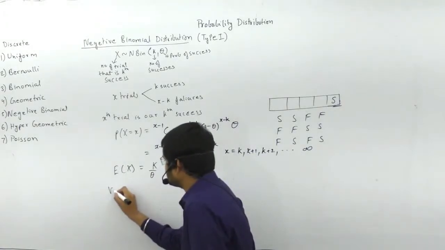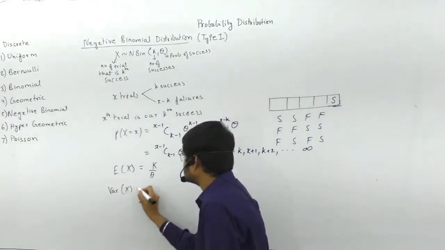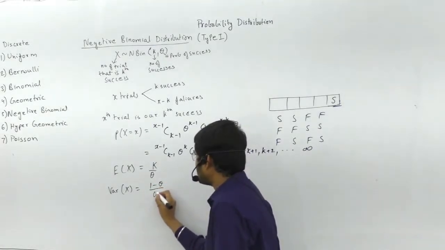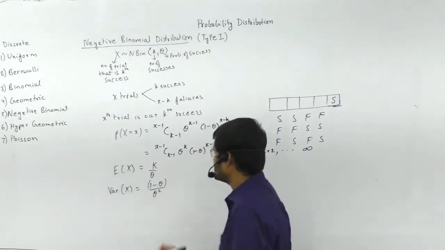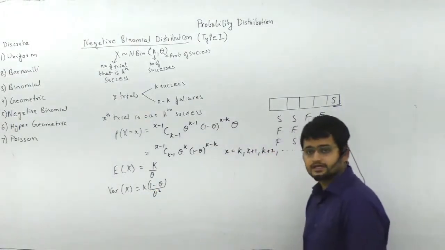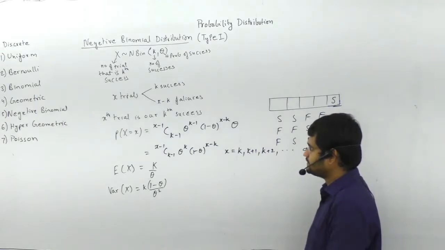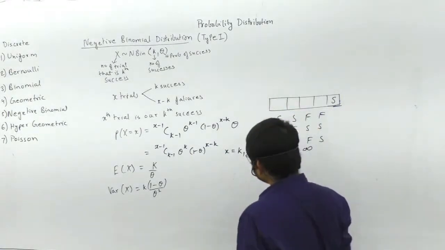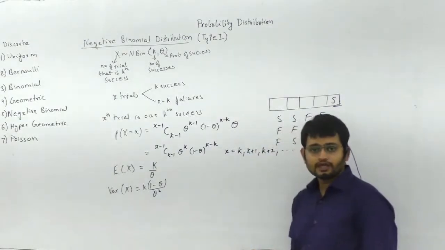Similarly for variance, for one geometric distribution we had 1 minus theta upon theta square. So for k, we'll have k times 1 minus theta upon theta square. Now if we have type 1 negative binomial, we have similarly type 2 negative binomial.